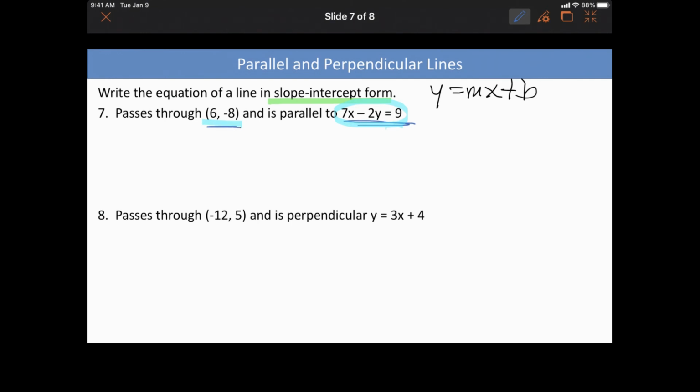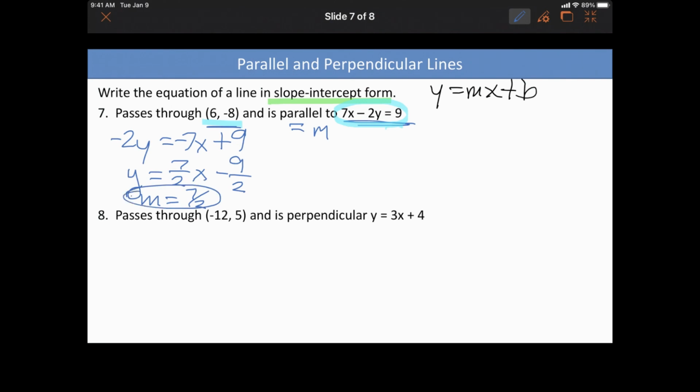So I'm going to put it in slope-intercept form to be able to find our slope. So I'm subtracting 7x from both sides. Now I'm going to divide by 2. A negative divided by a negative is positive. So my slope here is 7/2, and parallel lines have equal slopes, equal m's. So it's going to be the same.